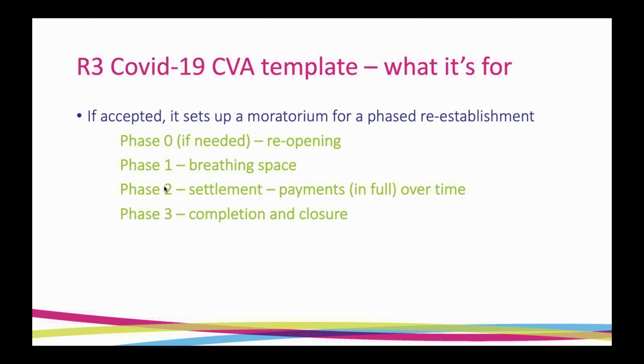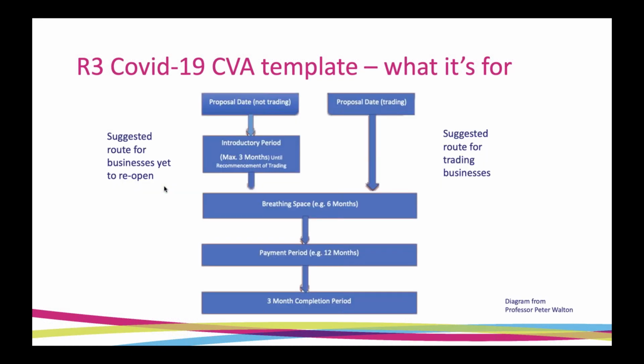Phase two is the settlement period. So the idea is that by now the business should be re-established, and it is now paying its creditors through the CVA. And phase three is just dealing with the completion of the CVA and closure once the creditors have been paid in full, or at least once the supervisor has enough funds to pay the creditors in full.